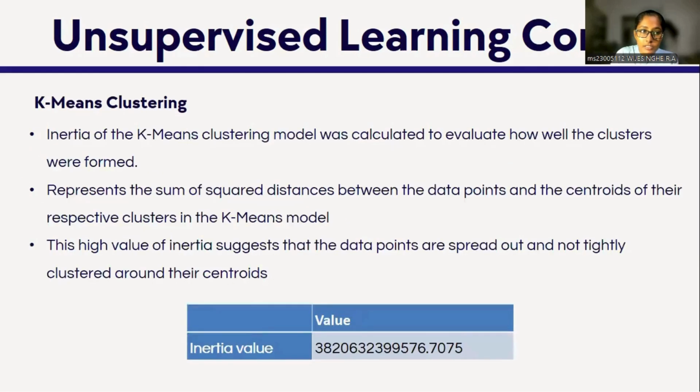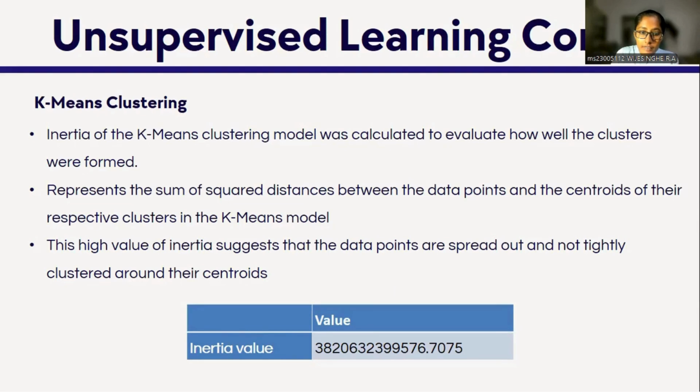When it comes to the inertia of the k-means clustering, it was calculated to evaluate how well the clusters were performed. It represents the sum of squared distances between the data points and the centroids of their respective clusters in the k-means model.